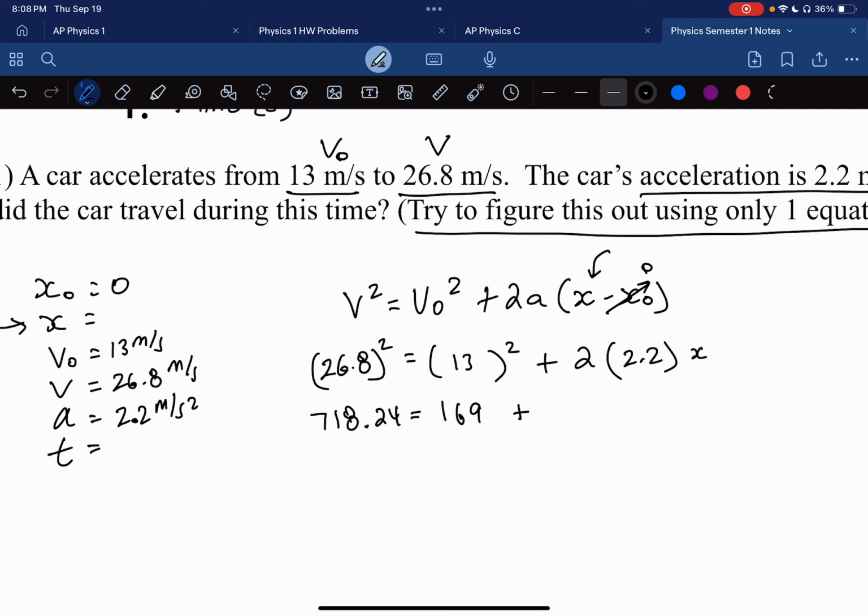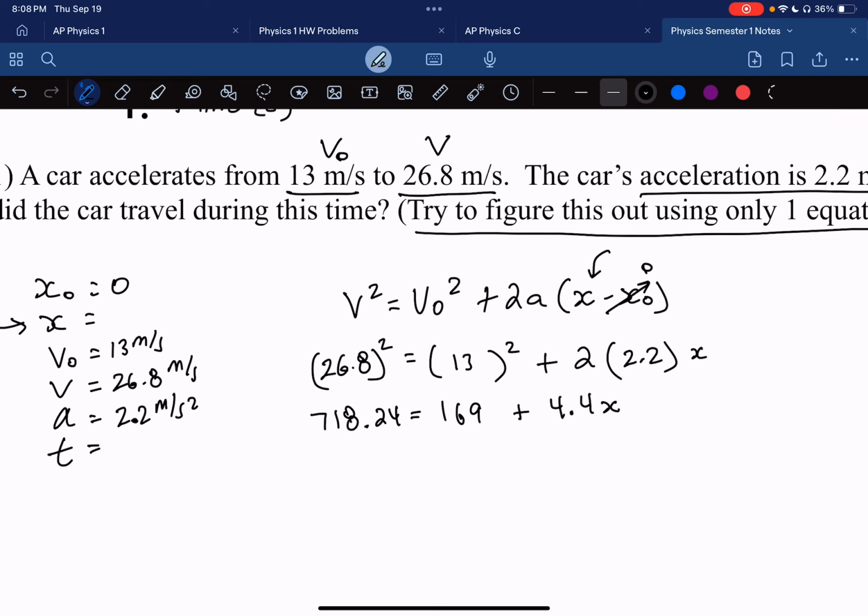Because even though I can do it here on the video for you, you want to be practicing all this stuff too. So we get an expression like this. 718.24 equals 169 plus 4.4 times x.